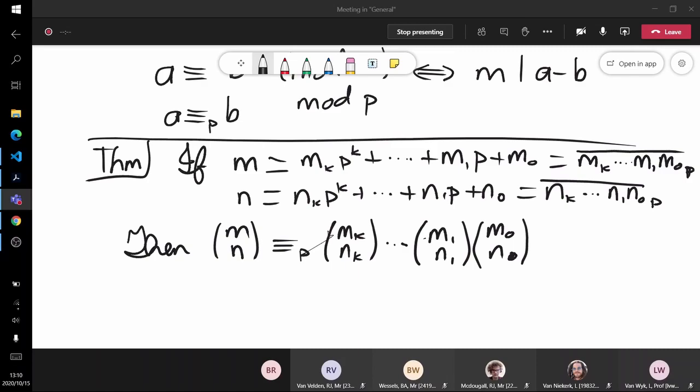So we just take the units digits and form the binomial coefficient from those. And what in base 10 we would call the tens digits, we take those digits and form the binomial coefficient from them, and we do that for each pair up until the leading digit, and we multiply all of those binomial coefficients together, and that is the remainder of our big m choose n modulo p.